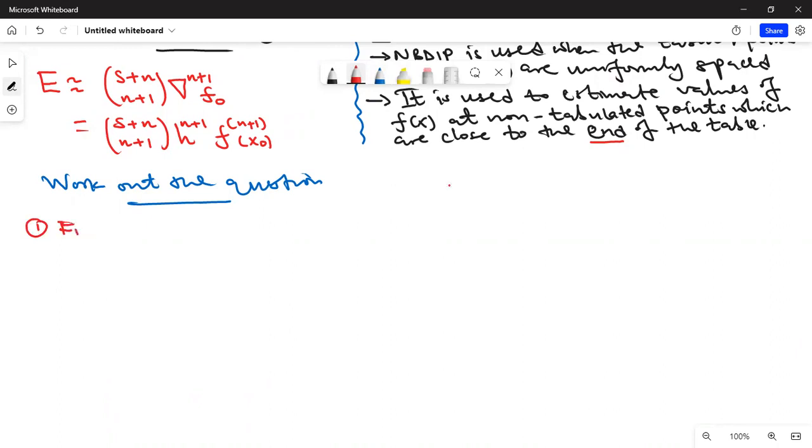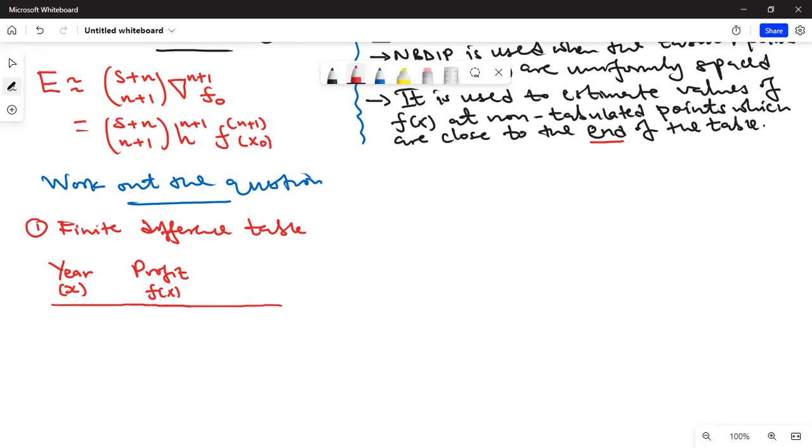Finite difference table. So we need X values and the F of X values. Of course, we will have here the year, that is X, and profit, that will be F of X. Horizontal line, a vertical line.